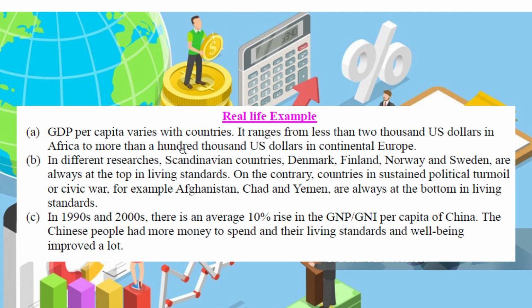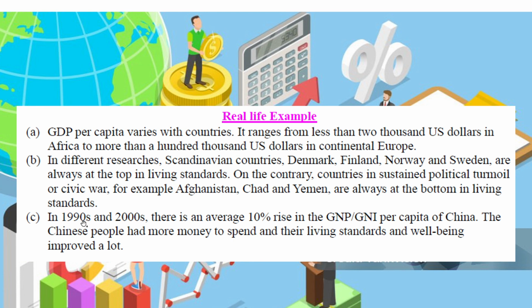It ranges from less than $2,000 per year in Africa to more than $100,000 in continental Europe. In different researches that scan Europe, the highest living standards are always Denmark, Finland, Norway, and Sweden. On the contrary, countries in sustained political turmoil or civil wars, for example Afghanistan, Chad, and Yemen, are always at the bottom of the living standard.